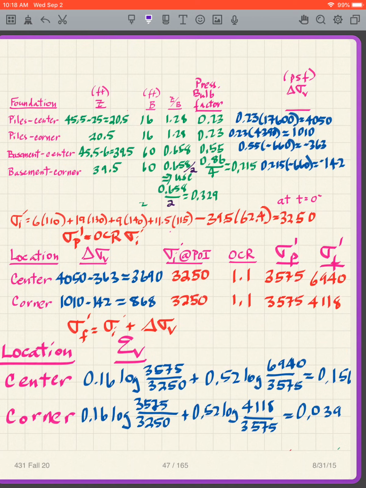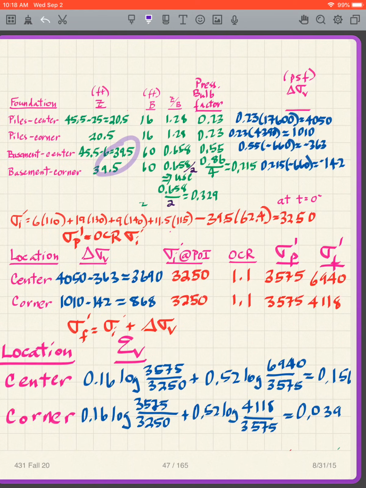So we need to get our pressure bulb factor. How do we get it? Well, we need to get our Z to our point of interest. Our point of interest depth is 45.5. The pile tips are at 25. So we get our Z of 20.5 for the piles, whereas for the basement, we're taking the 45.5 minus the basement depth, which is 6.